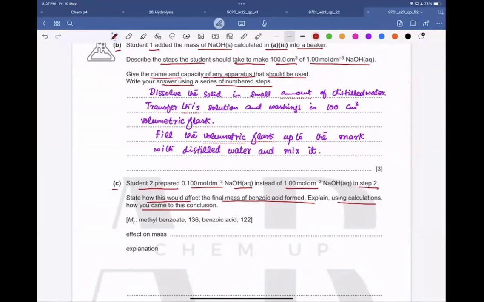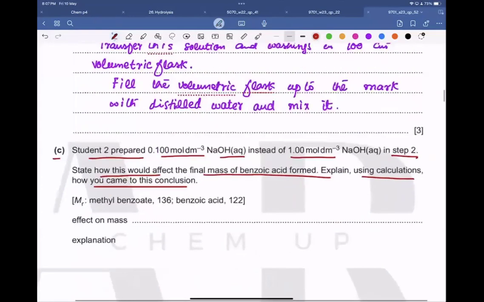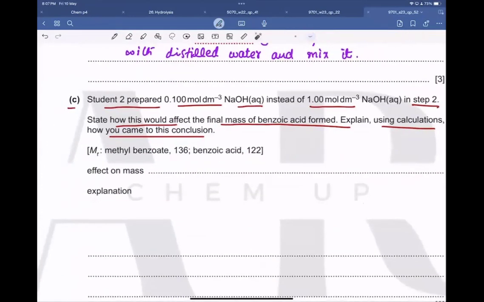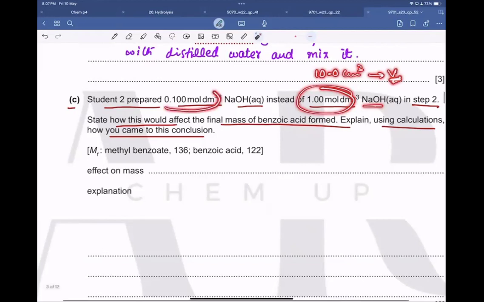Yes, it is going to affect, Hussein. See why? Because initially we are using the NaOH has this much concentration and we are using its 10.0 centimeter cube volume, right? Is this understandable? Now see, the student prepared this much volume, this much concentration.